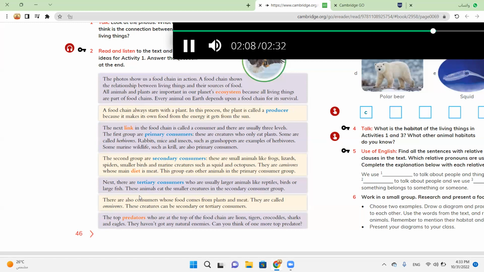These creatures can be secondary or tertiary consumers. The top predators, who are at the top of the food chain, are lions, tigers, crocodiles, sharks, and eagles. They haven't got any natural enemies. Can you think of one more top predator?